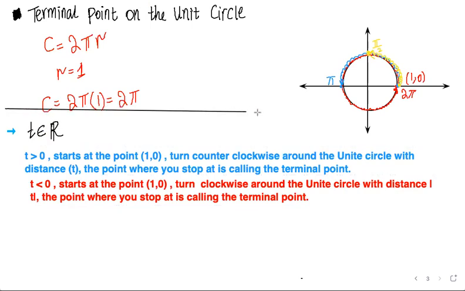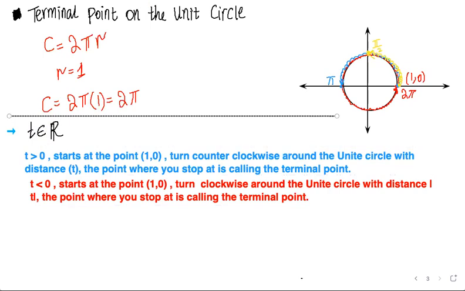Now, if t is positive, greater than 0, here, we're starting at the point 1, 0, turn counterclockwise around the unit circle, like this side. Counterclockwise means moving like this. If this is my unit circle, here, I'm moving like this.